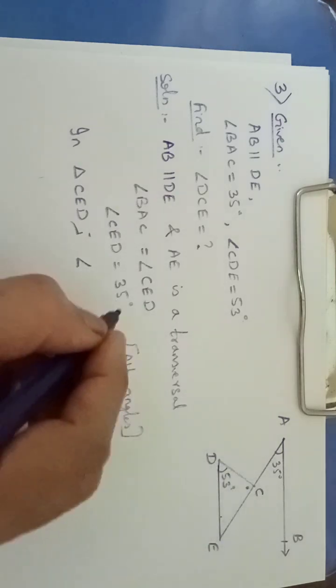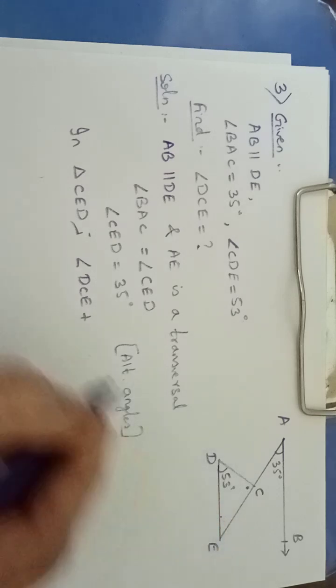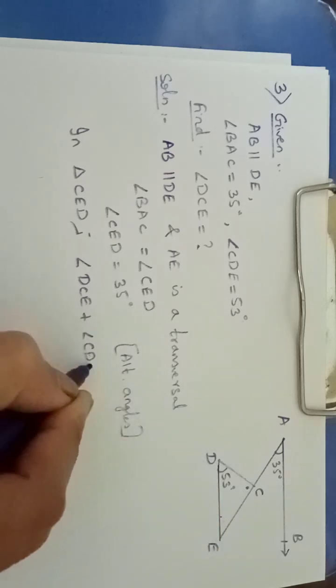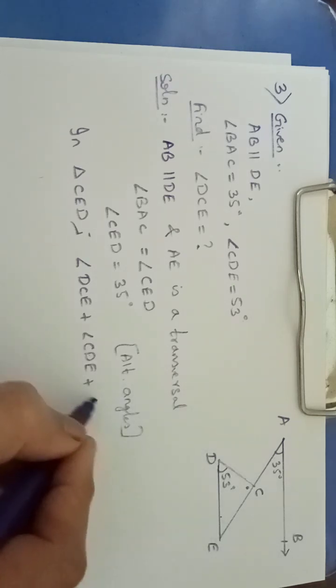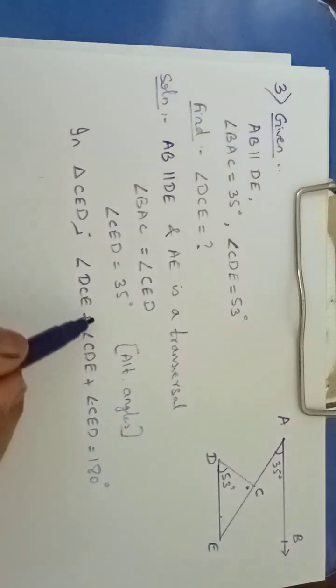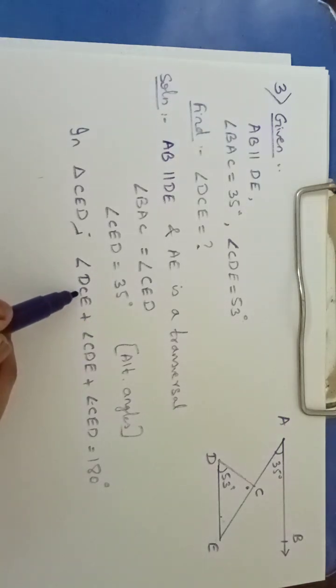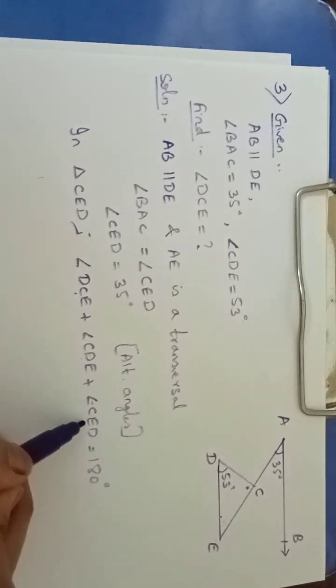Angle DCE plus angle CDE plus angle CED equals 180 degrees. So this is the way of writing all the names of the angles. I took first C one time, then D once and E once in the middle.